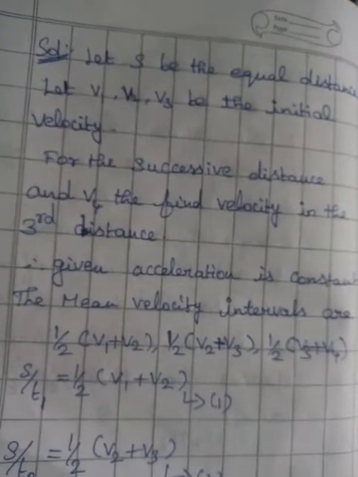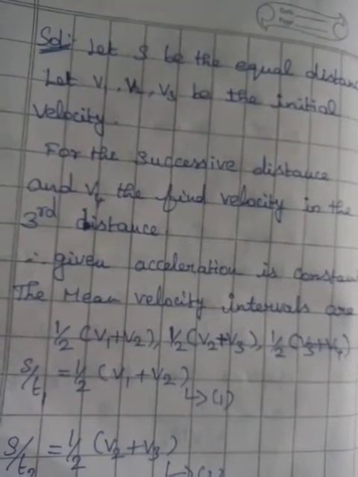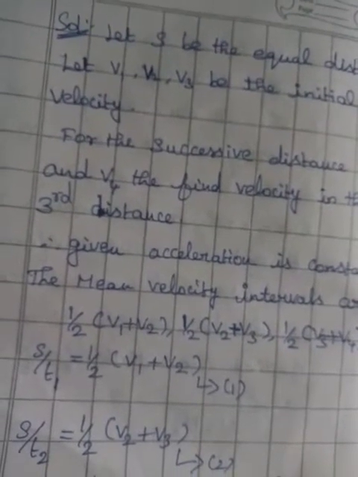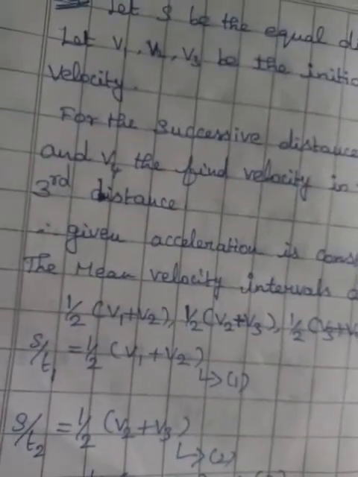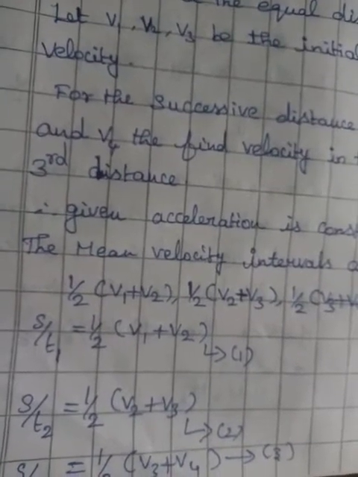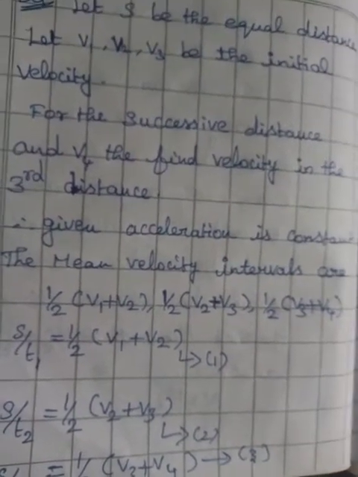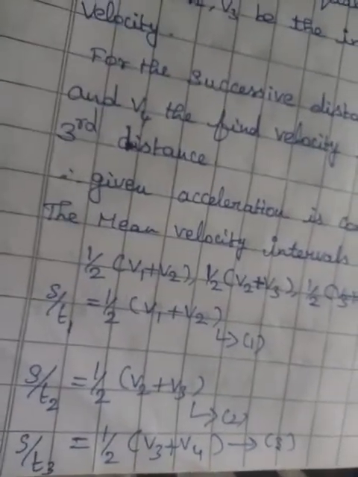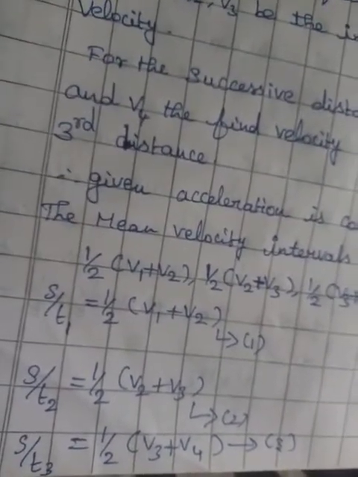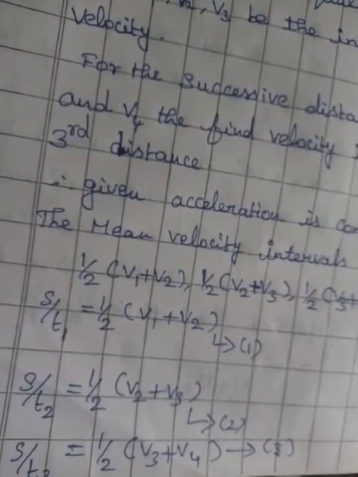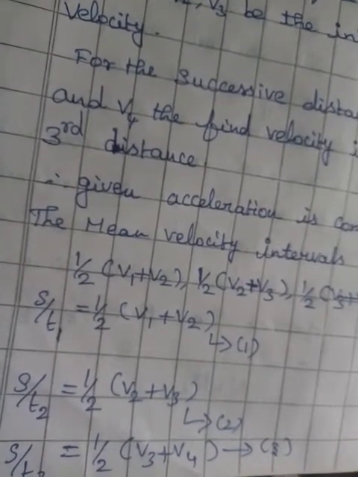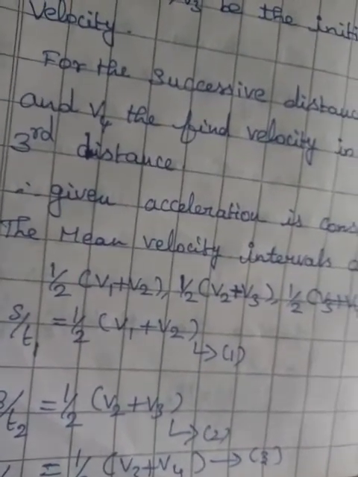S/t1 equals 1/2(v1 plus v2). This is equation number 1. Next, second equation, S/t2 equals 1/2(v2 plus v3). Next, third equation, S/t3 equals 1/2(v3 plus v4). This is equation number 3.